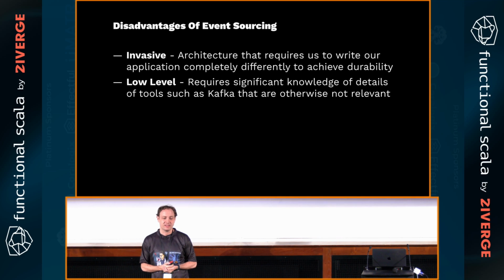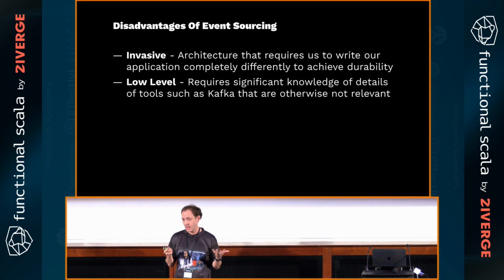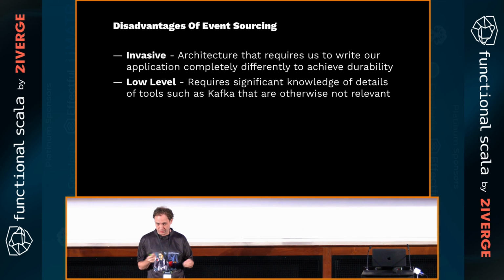Another issue is that it ends up being relatively low level. So once you have something like this, then in addition to the overall framework of event sourcing, you need some tools and libraries to help you with it, whether it's Kafka or something else like that. And then there's a bunch of other stuff you have to figure out of just how you're using that, right? And in our ZIO world, if you're using Kafka, you're going to use ZIO Kafka, and you're going to use ZIO Streams, and then you're going to want to watch Eric's talk from yesterday and hear about all of these issues with ZIO Kafka and how they're working through them.